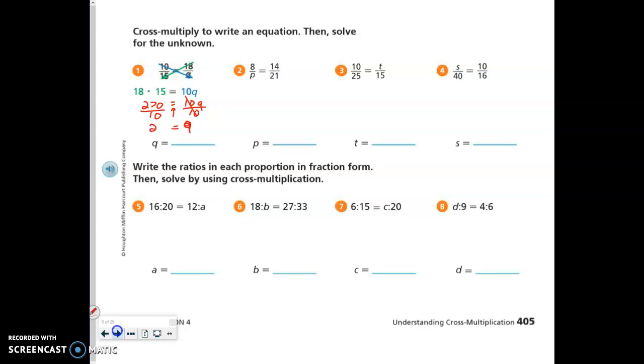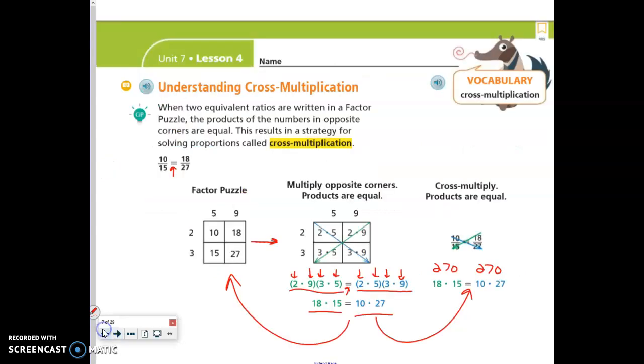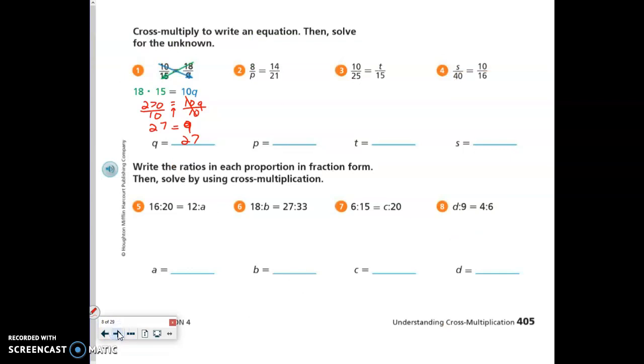Well, that's a pretty easy math problem. We shouldn't need a calculator to realize that Q is going to equal 27 in that case. If I go back to my other page, we can prove that fact because they show it here in the example problem that they gave us. Q equals 27.